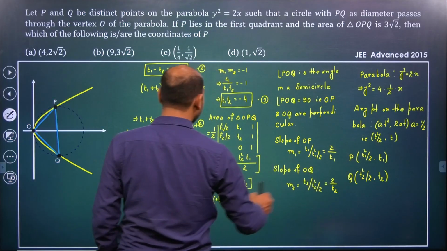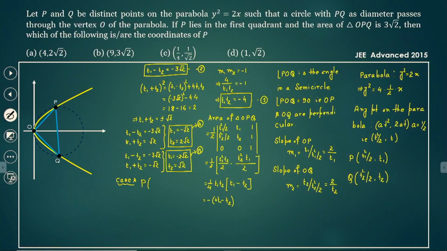It's T1 square by 2. T1 square by 2 is 1. Then T1 is equal to minus root 2. And Q, the coordinate of Q, is equal to 2 root 2 square by 2, that's 8 by 2, so that's 4. So 4 and 2 root 2.